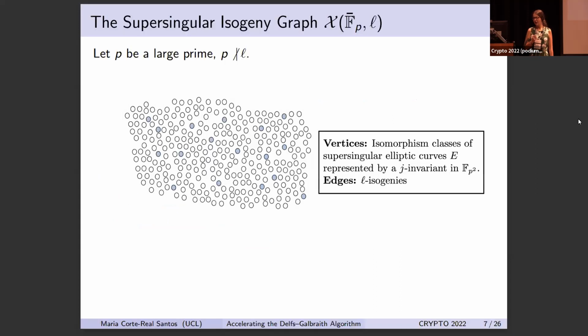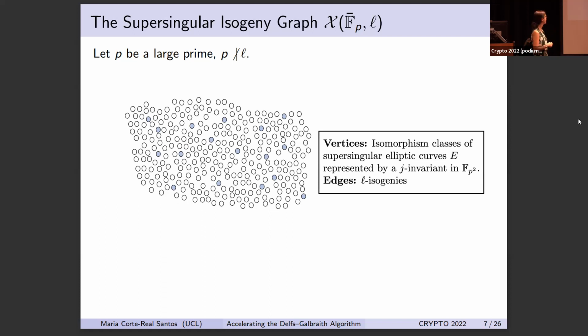Okay. So a nice way to view this isogeny problem is by viewing it in terms of finding paths in a graph. So if you let P be a large prime, such that it doesn't divide the degree of your isogeny, you can define the supersingular isogeny graph, where here your nodes are supersingular elliptic curves, and you can label each node by the J invariant.